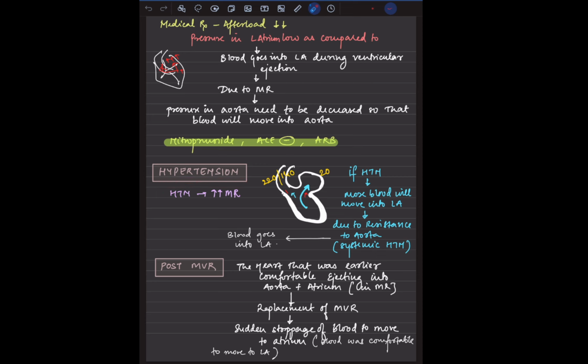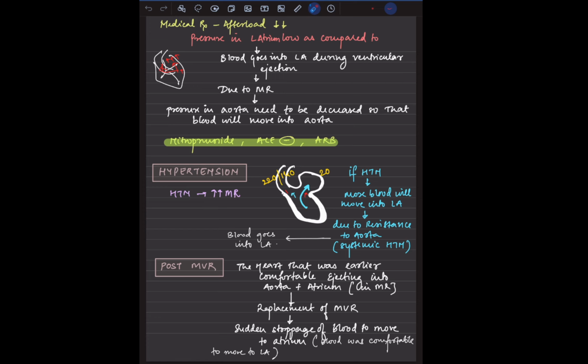The next thing is post MVR, that is post mitral valve replacement. Now you will say that after the replacement, the patient should be all right, should not have any symptoms, everything should be good.